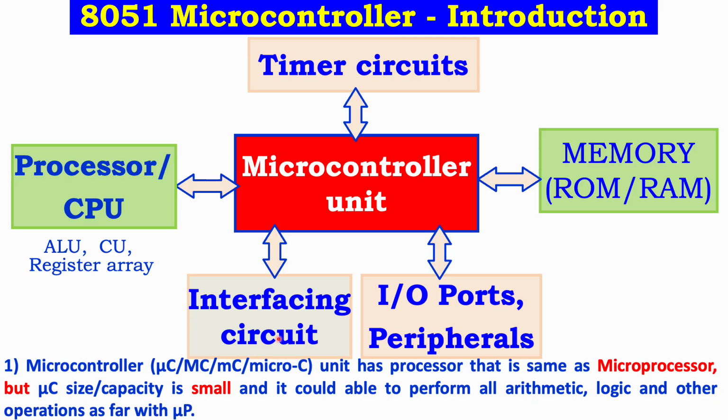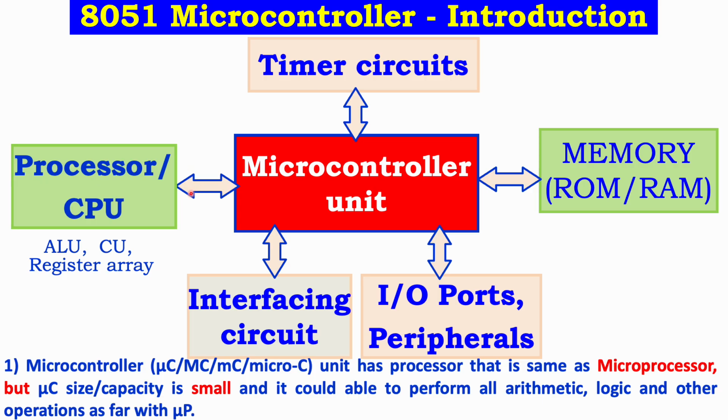So that is the same function of a processor that we saw in the microprocessor. Here all functions can be carried out: arithmetic functions, logic operations, and other operations, as with the microprocessor we discussed.